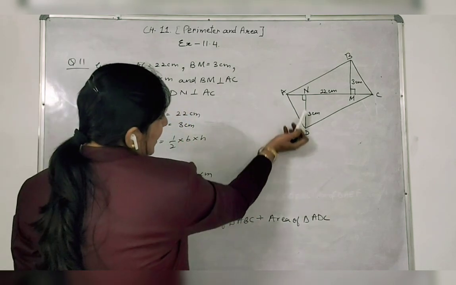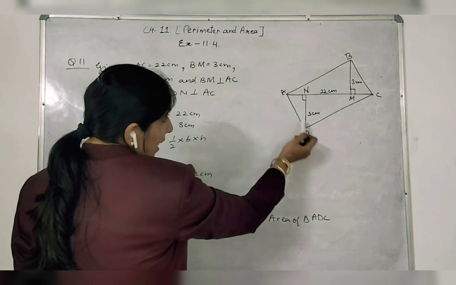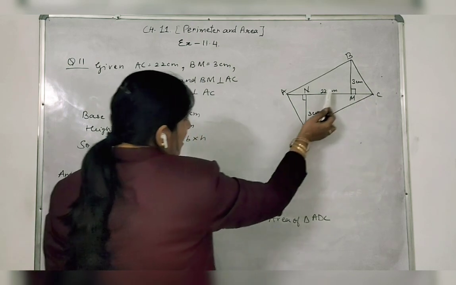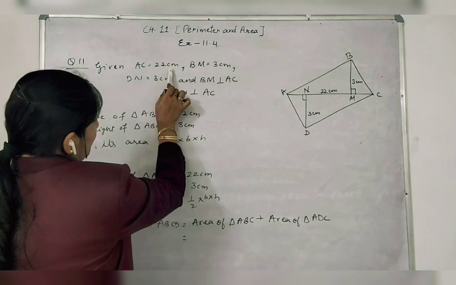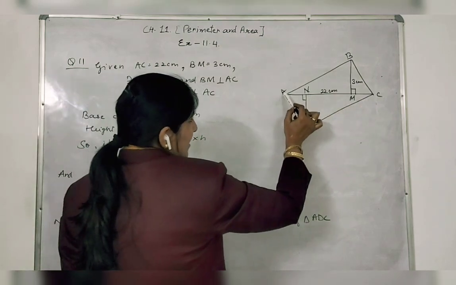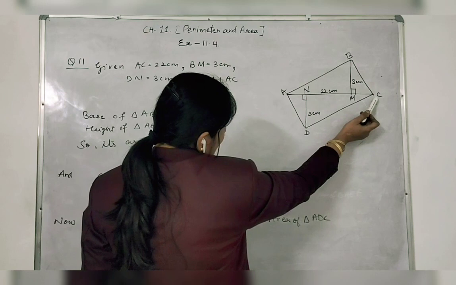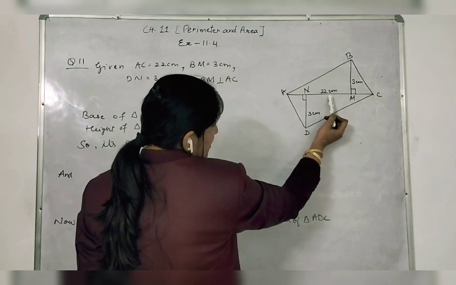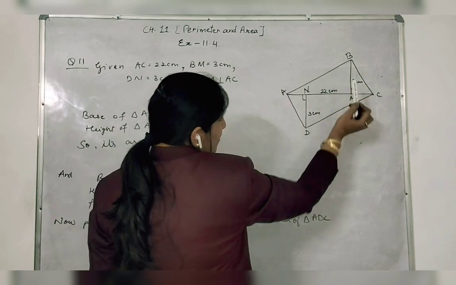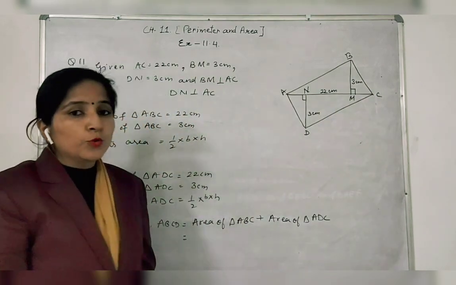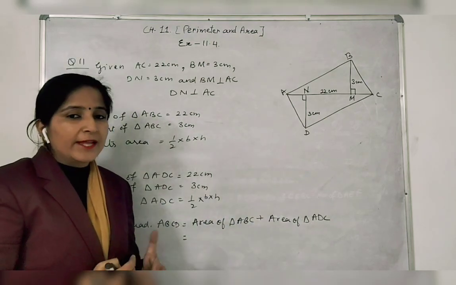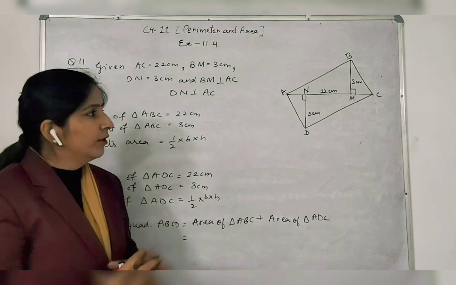You can see DN is perpendicular to AC, so this is the height provided for this triangle, and we can consider the base as AC. So the base as well as the height which we require is given for this triangle, and for this triangle also AC is the base, which is 22 centimeter, and BM, which is perpendicular to AC, is also given. So using these we can easily find the area of both the triangles, and so reach the area of the quadrilateral.